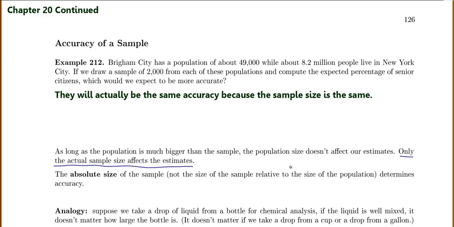If your liquid is well mixed, it doesn't matter how large the bottle is. So it doesn't matter if we take a drop from a cup or a drop from a gallon, we're going to get the same results as long as our liquid was well mixed. Or in other words, as long as we take a good sample, it doesn't matter if we're taking the sample from Brigham City or the sample from New York. The only thing that actually matters is the sample size.